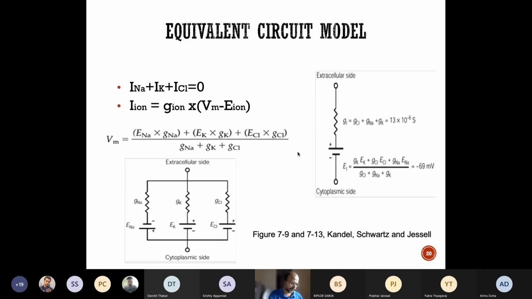Sir, why are the polarities of the batteries different? Yeah, so it's a matter of choice, really, how you want to show it. In the Kandel and Schwartz book, they have flipped it, because Na is positive and EK and ECl are negative.